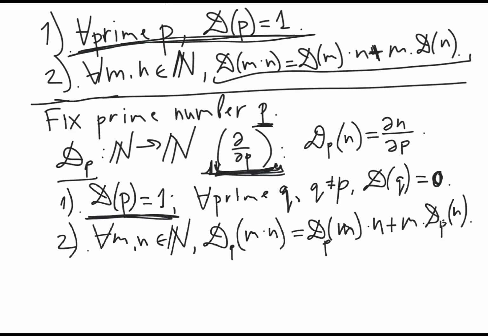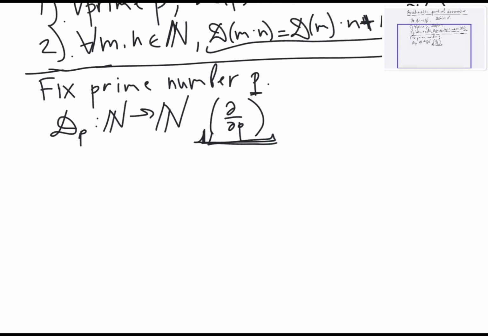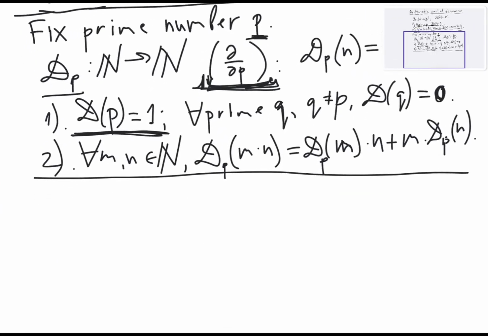Okay, so let's derive the formula for the partial derivative. Recall that for the full arithmetic derivative there is an explicit formula.